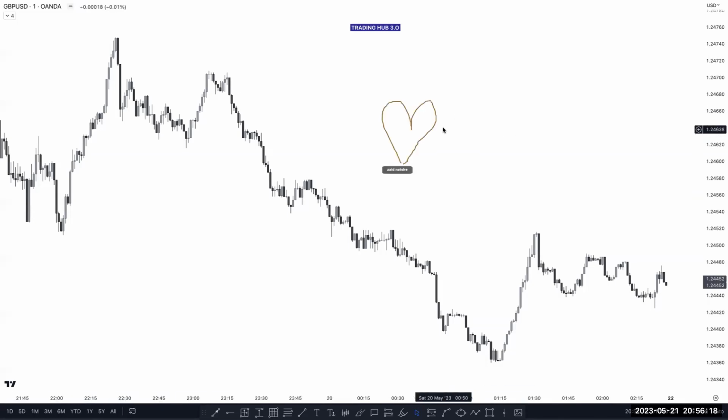All right, so let's start. And first of all, start from a Bank Nifty chart.